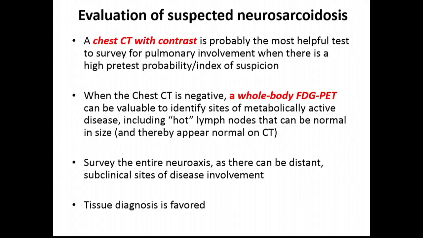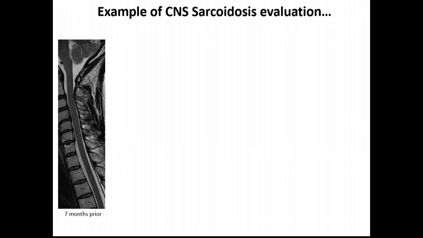You need to do a chest CT. And when that's negative, a whole body FDG PET can be valuable to find those hot nodes that may be normal in size. I also like to survey the entire neuroaxis. You might find areas of enhancement that are much easier to biopsy that can solve your problem, and tissue diagnosis is favored whenever possible.